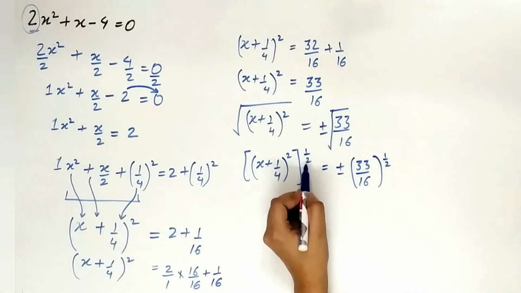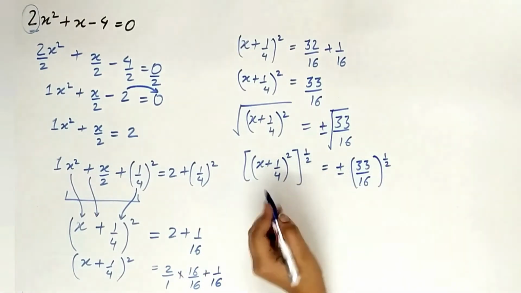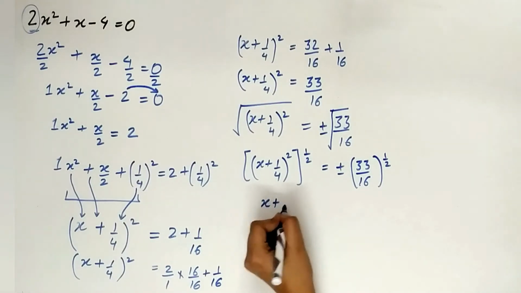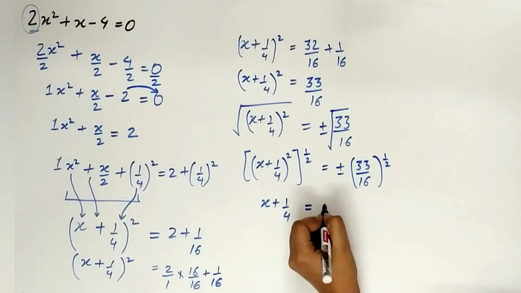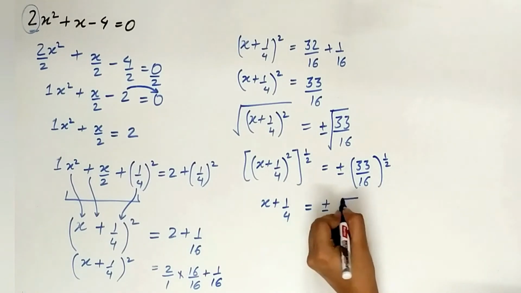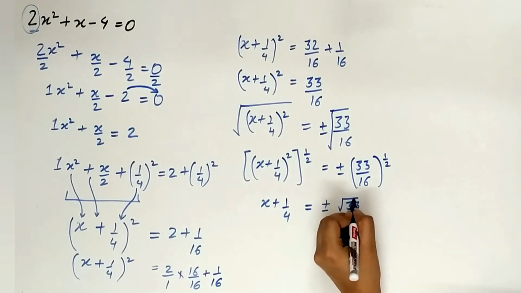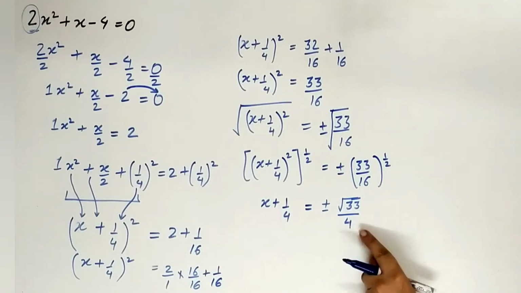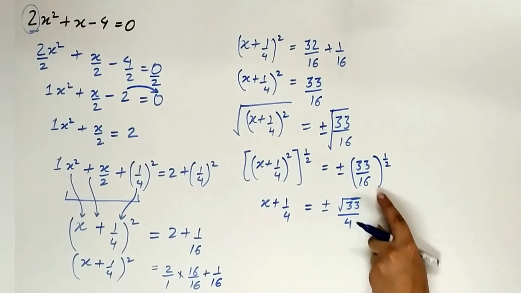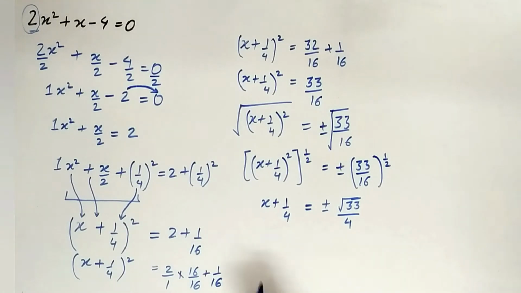Now 2 multiply 1 by 2 is 1. Remaining is x plus 1 by 4, plus minus under root of 33 divided by 4, because 16 is the square root of 4.